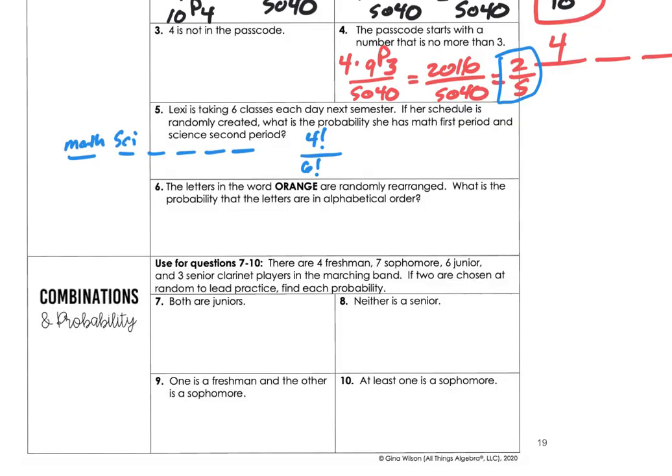And so that would be 4 factorial, because we've got 4 slots to fill, and we want to know how many different ways we can arrange those 4 classes that we have left. So we're going to do 4 factorial over 6 factorial. Do the math first, write it as a fraction, and then you can simplify your fraction.